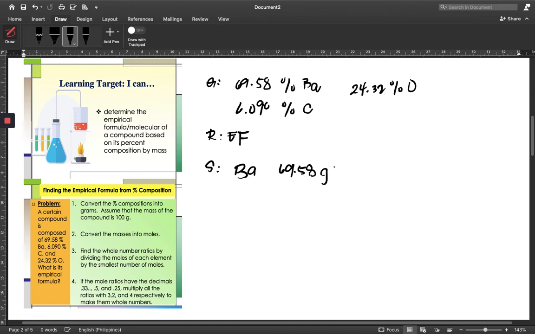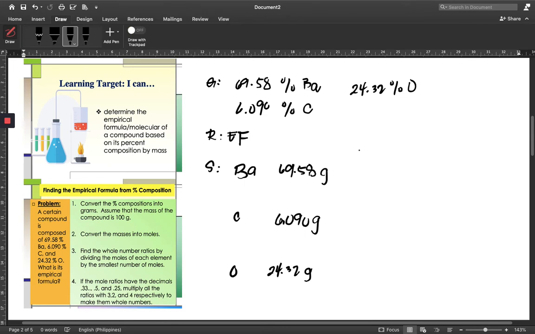So that's grams Ba. Now for carbon, we have 6.090 grams. And for oxygen, we have 24.32 grams of oxygen.